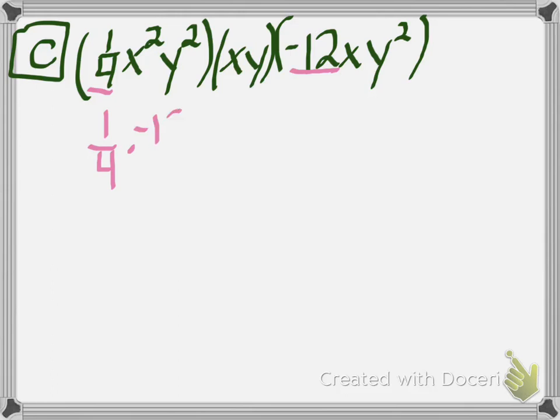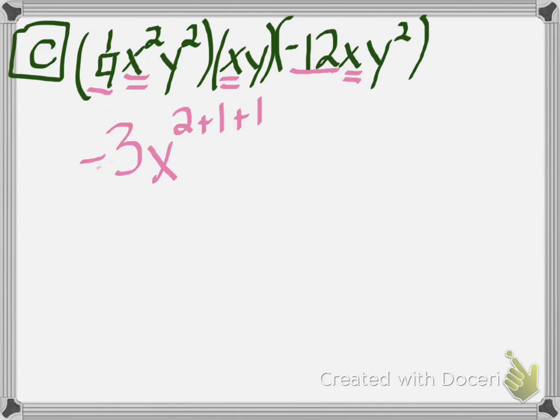So 1/4 times a negative 12, that would get me my coefficient. Remember, when you multiply a fraction by a number, in this case an integer, you multiply across, so that would be negative 12/4, which is negative 3. Now I have an x squared with an x and another x, so that's x to the 2 plus 1 plus 1.